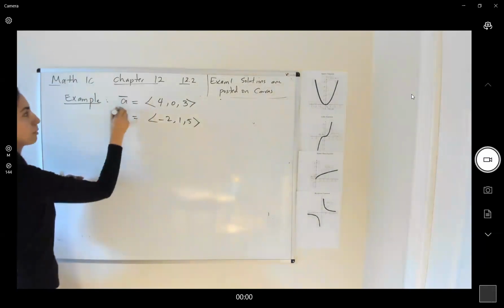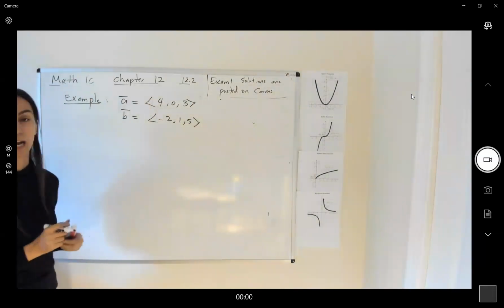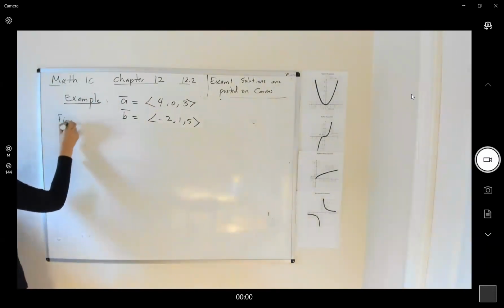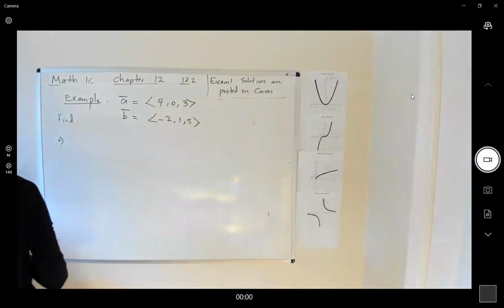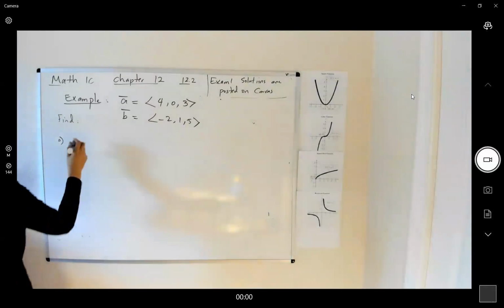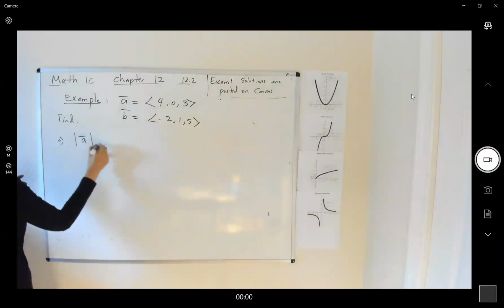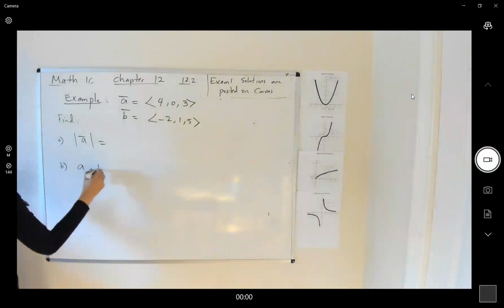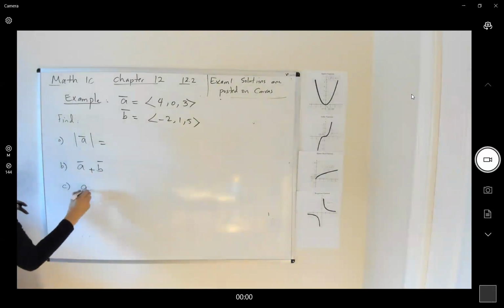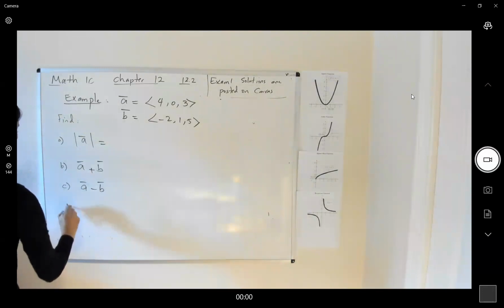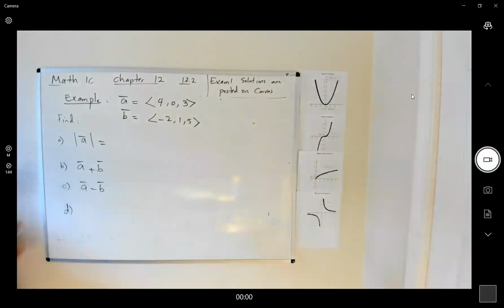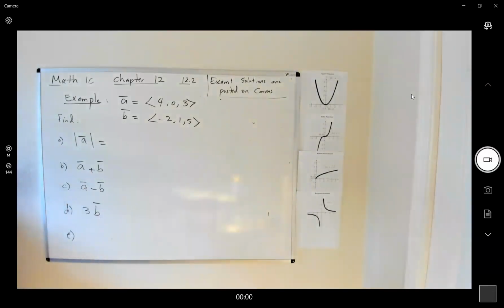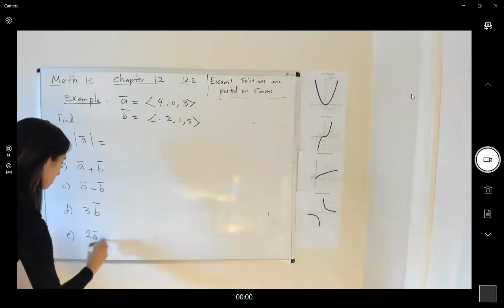You can put a bar on top of A and B to make sure that you have a vector. It says find the following. First of all, find the length or magnitude of A. Then find A plus B. Then find the subtraction between them. Then find 3 times B, the scalar multiplication. And finally find 2A plus 5B.